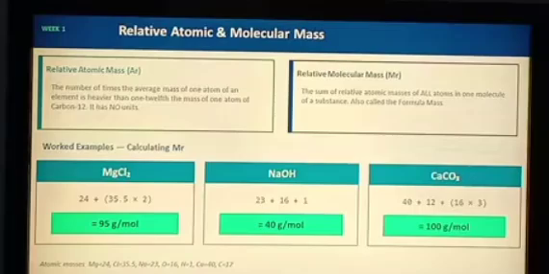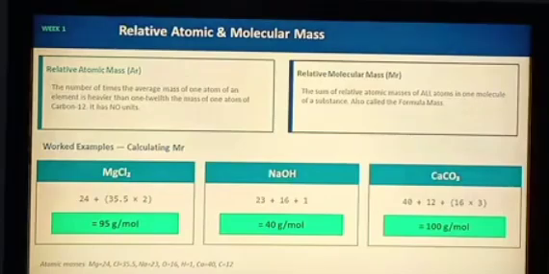Relative atomic mass is the particles that make up that smallest part of what? Hydrogen. That's relative atomic mass. But now you have the word relative. What we are basically doing is comparing the particles that make up that smallest part of hydrogen to 1/12 of the smallest part of carbon.